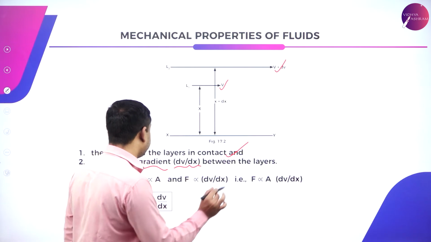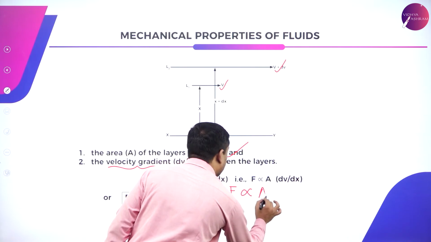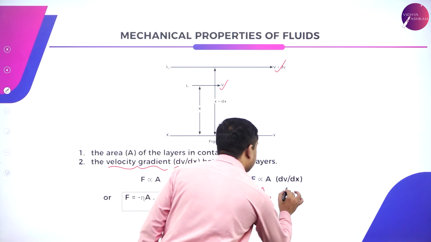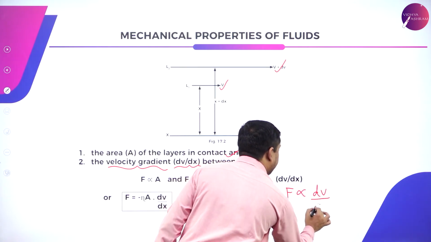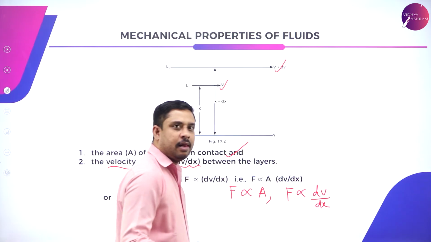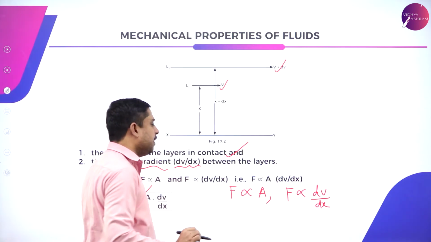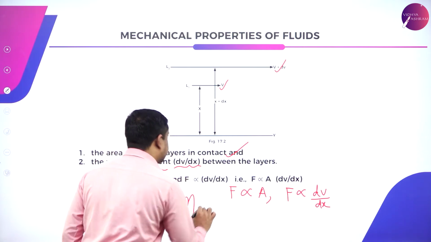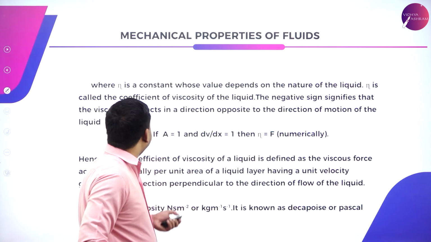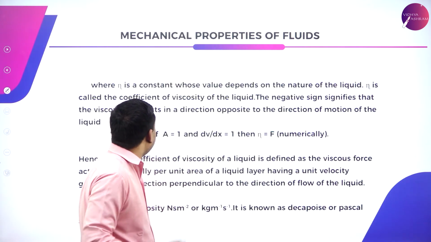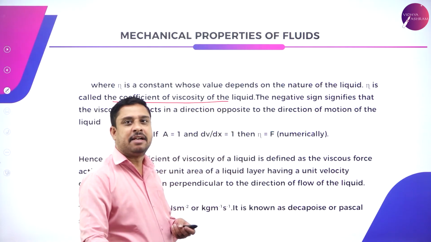Therefore, we write F is proportional to A, F is proportional to dV by dx. And removing the proportionality, we introduce a symbol called eta, where eta is called coefficient of viscosity.